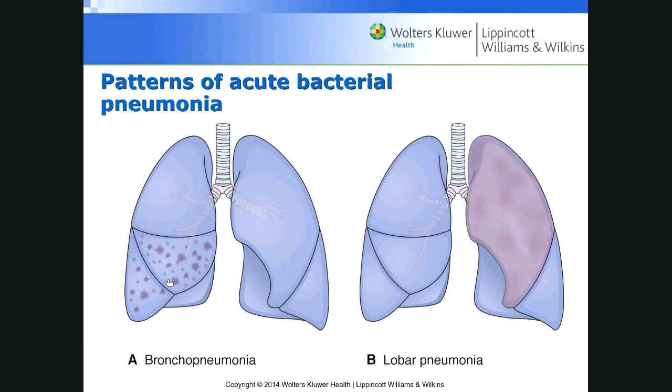So it's not just the idea that community is more lobar and nosocomial is bronchopulmonary, because an example is community influenza, but you can develop bronchopulmonary. I would rather say that this is the most important: the lobar is your typical community, which is your typical Streptococcus pneumoniae.